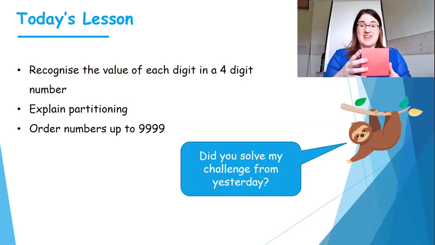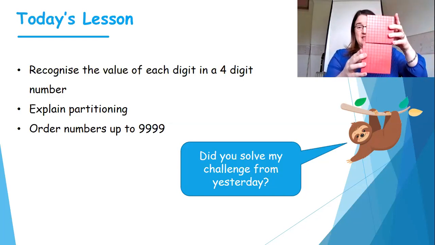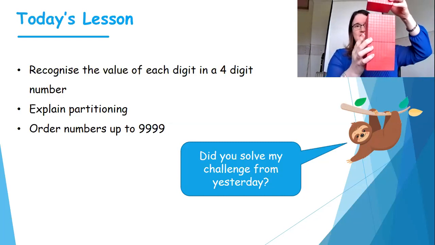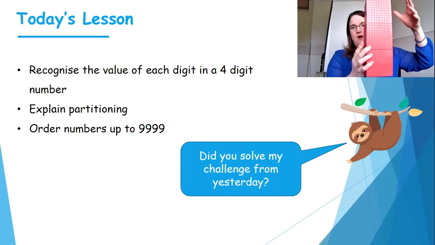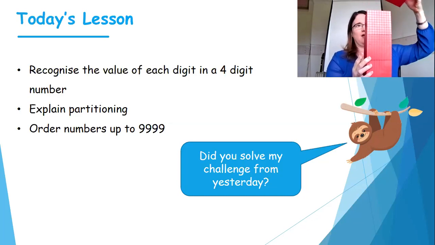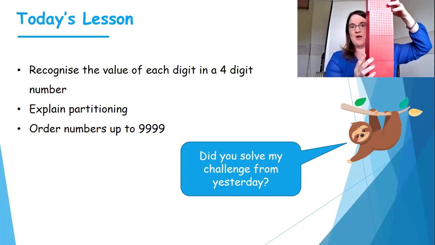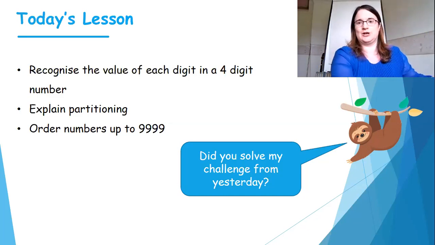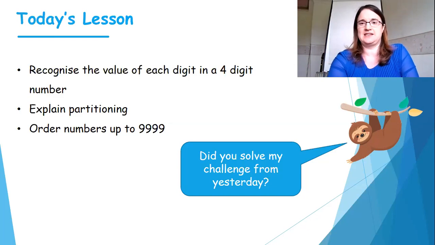To make 10,000, we would need to make this a stick that was 10,000 cubes tall. So it would go up and up and up 10 blocks high, and that's what a 10,000 stick would look like if we were using base 10 to represent 10,000. So thanks, Splash, for our challenge for today. Did you manage to work that out overnight?